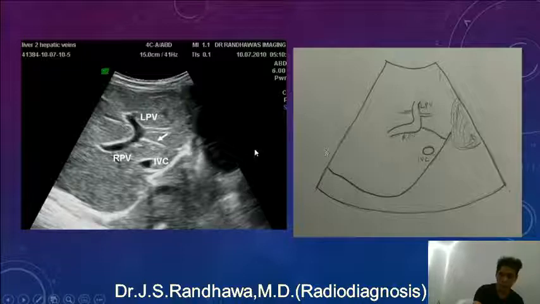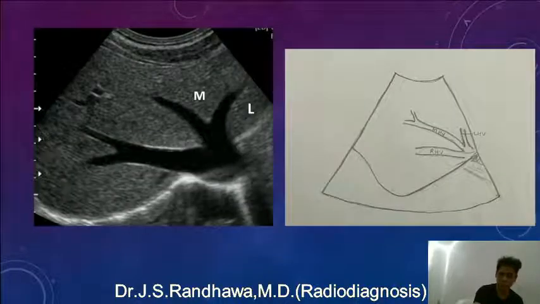So caudate lobe is the lobe of the liver which is close to the midline of the body, and now you can make out we have three lobes. One is the caudate lobe, other one is the right, and the third one is the left lobe.